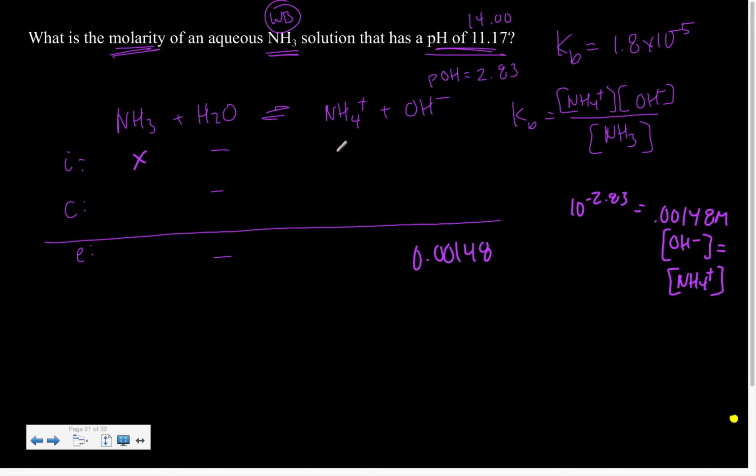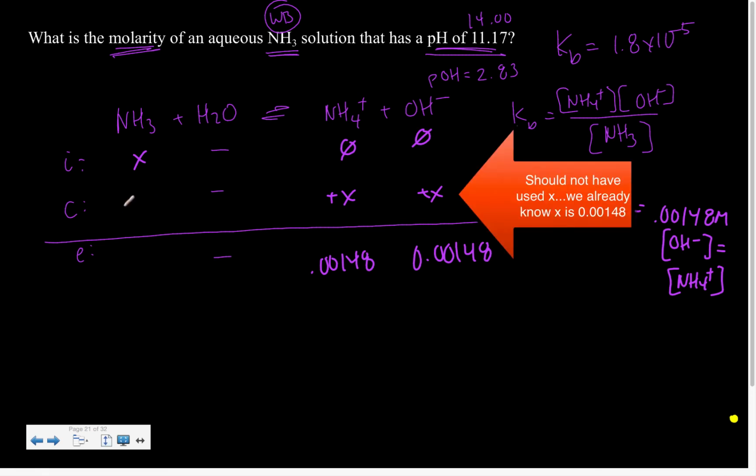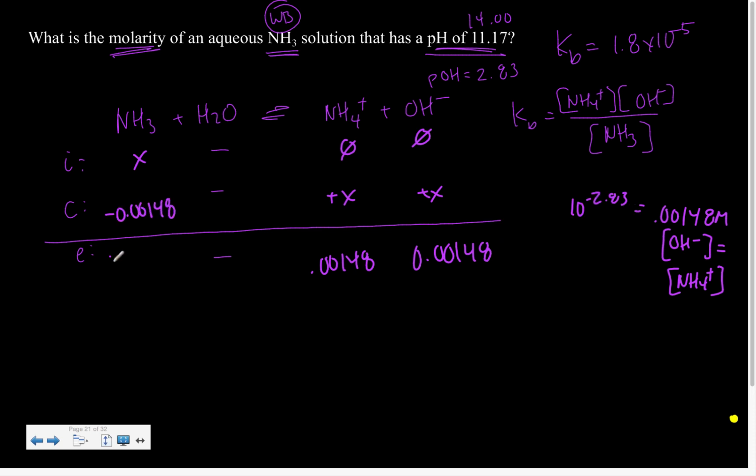We know that this ends up being 0.00148, starting from what? 0, and this is plus x. Does that make sense? As in this was something, and this is how much of it dissociated.